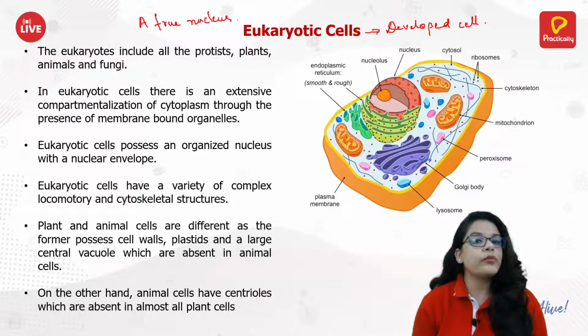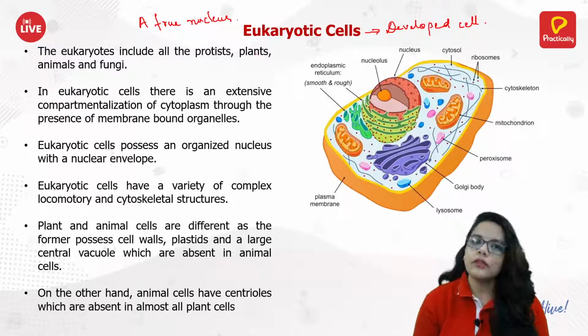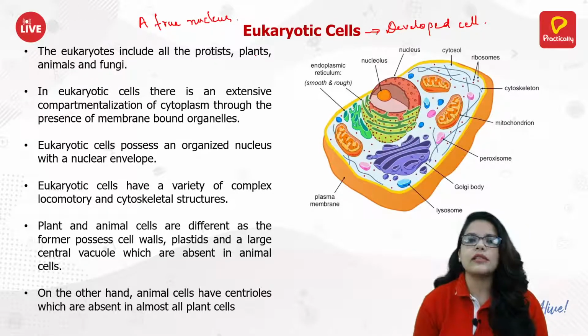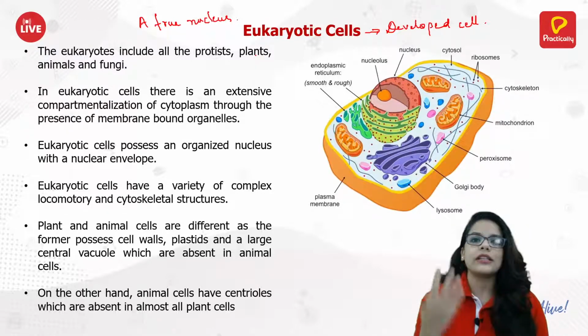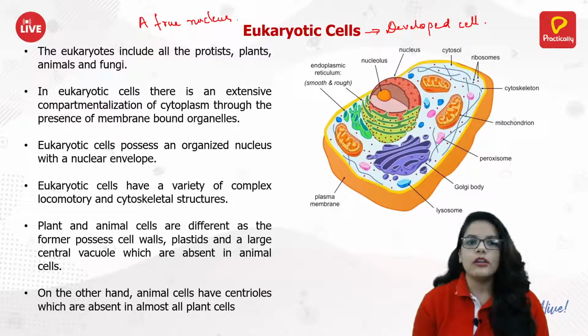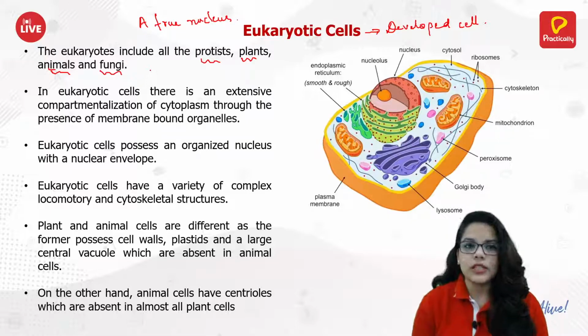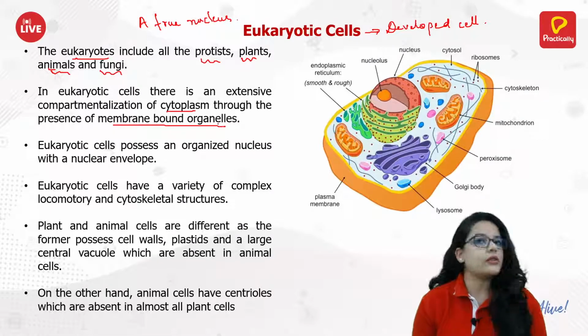Now, where do we find these eukaryotic cells? We usually find them anywhere except bacteria, blue-green algae and the like. We find them in protists, plants, animals, fungi, each and everything, be it unicellular or multicellular. They are all eukaryotes. Even we have eukaryotic cells. They have a proper cytoplasm and a number of membrane-bound organelles.